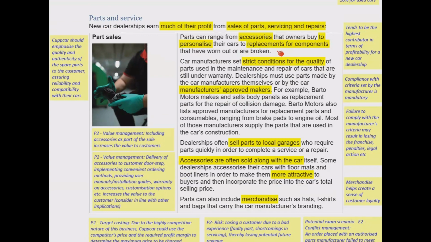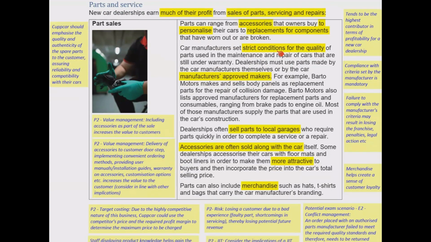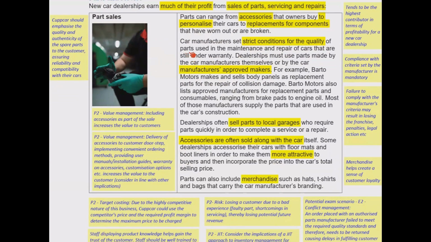Now, it's very important to distinguish the customer who might just come in and want to buy a new set of mats from the parts that might be used by a dealership in the maintenance of their new cars. Because remember, we said new cars are sold with a warranty. It might be a 3-year standard warranty. Those warranties require the dealer to use parts of a certain quality.